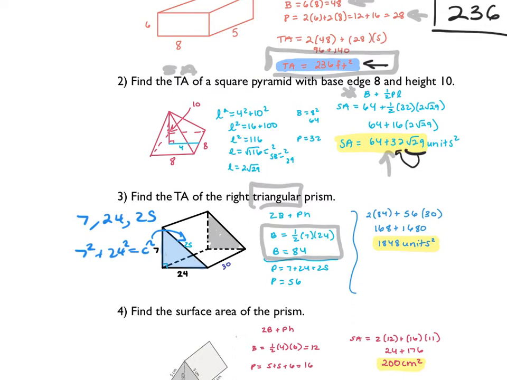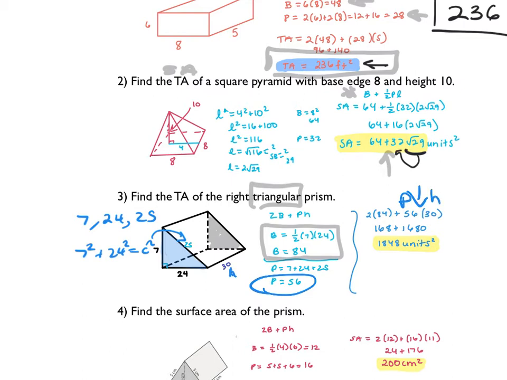All right. Marty, for number 3, wouldn't you put the 1680 over 2 because that's the area of a triangle? The 1680 comes from the perimeter, which is 56, and the 30 over here is the height of the prism.